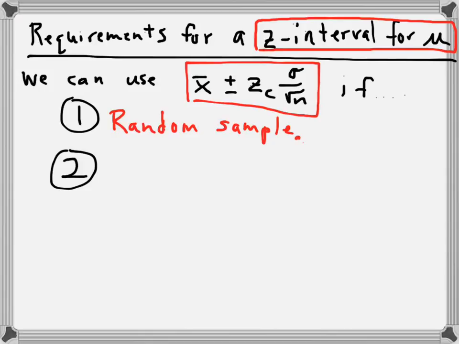Number two, and this is going to go with the idea of a confidence interval, that what we've been using, what we're also calling the standard error, the sigma over root n. You saw that before in last chapter, and that essentially came from the standard deviation of the sampling distribution.